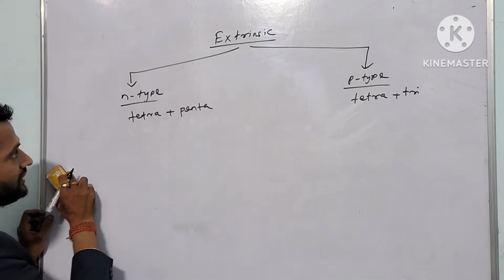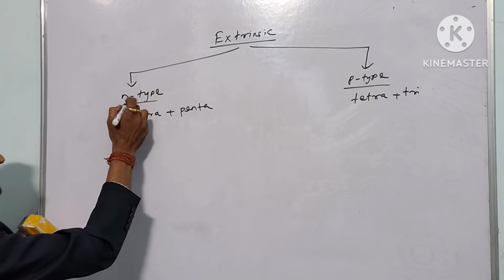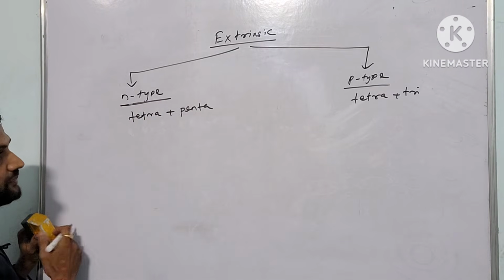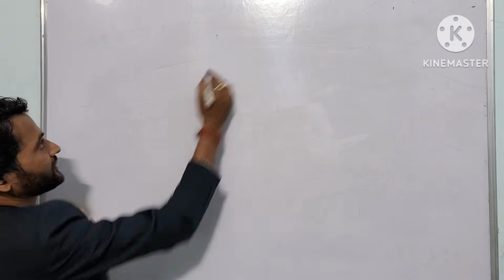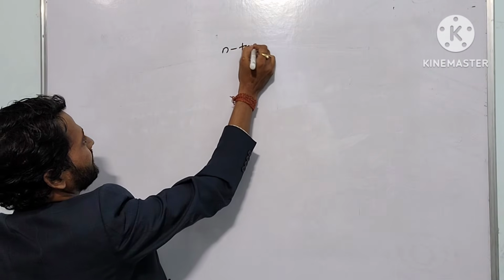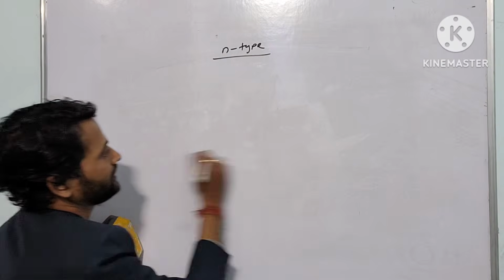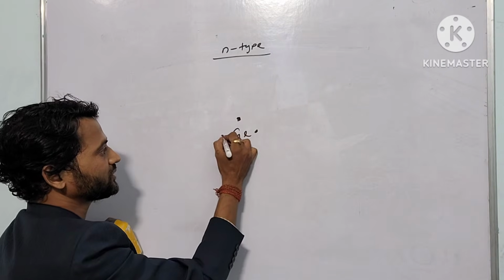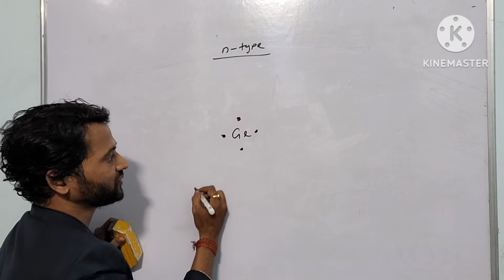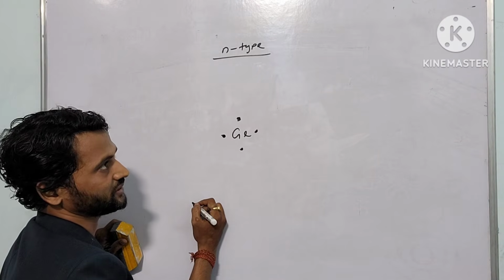ठीक है, we'll draw the constructional diagram of N type semiconductor. देखो N type semiconductor क्या है? Okay, let us take germanium, right? How many electrons in germanium? There are 4 electrons in outermost orbit.